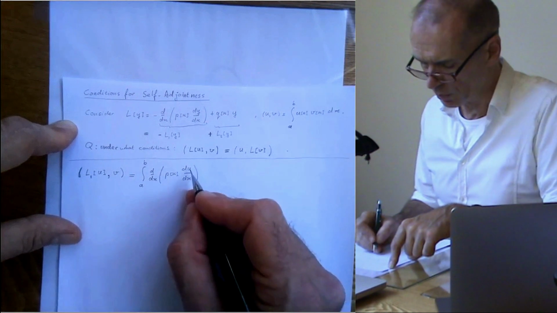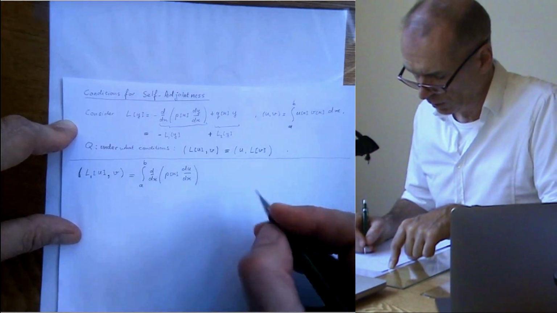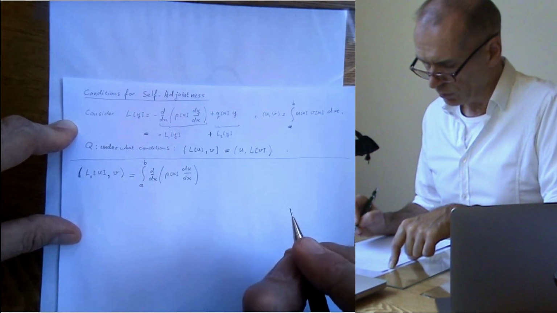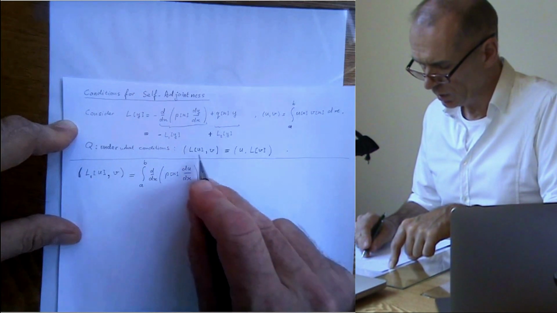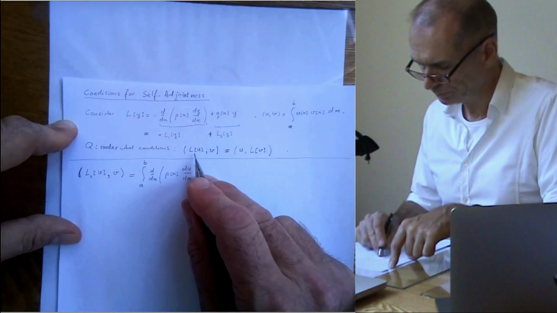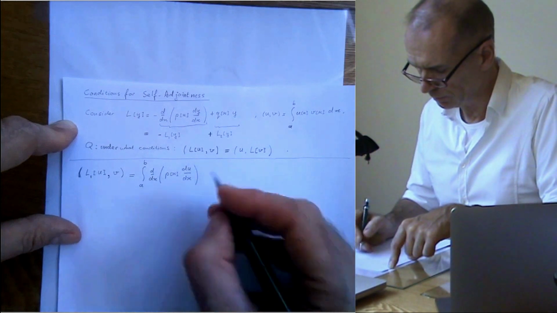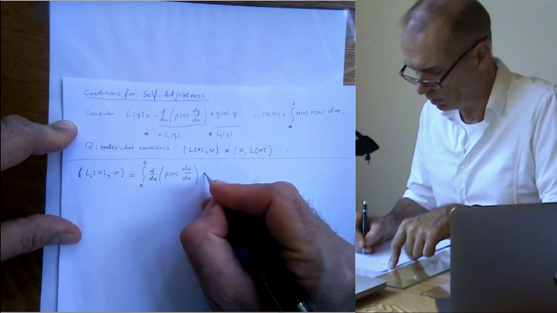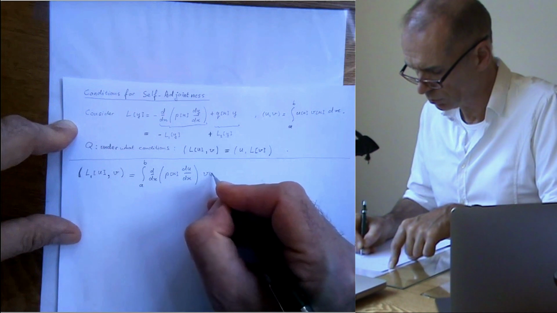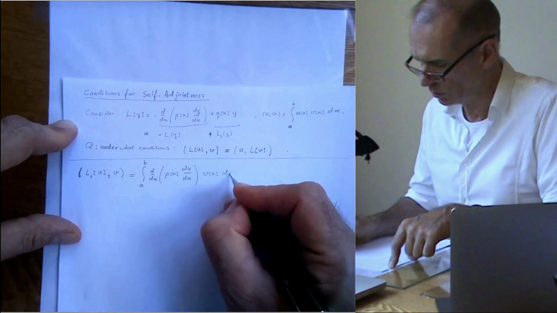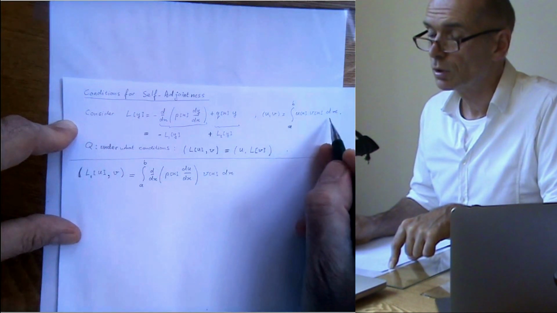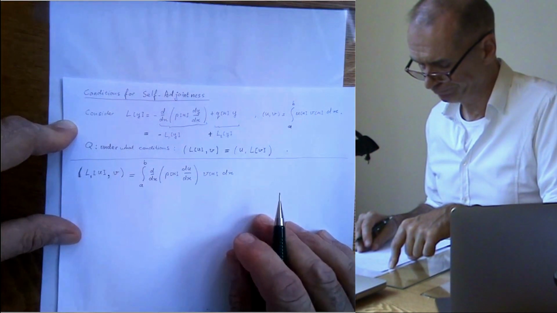It's clear that u is a function of x, so I don't take that into account in my notation. So that is L1 on u, and then you have to multiply by v, depending on x, and integrate over x. That is this part of the definition.